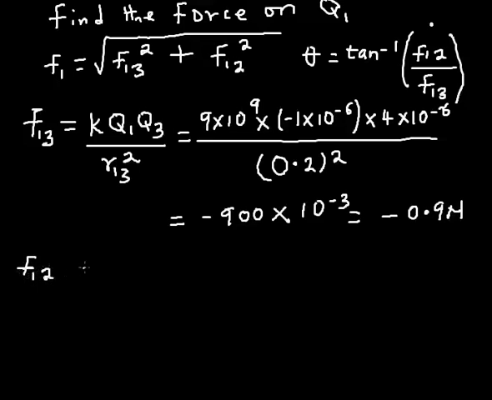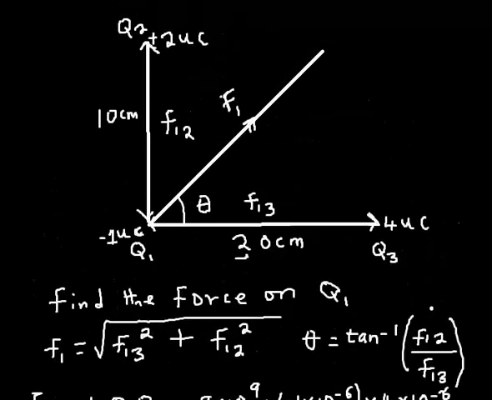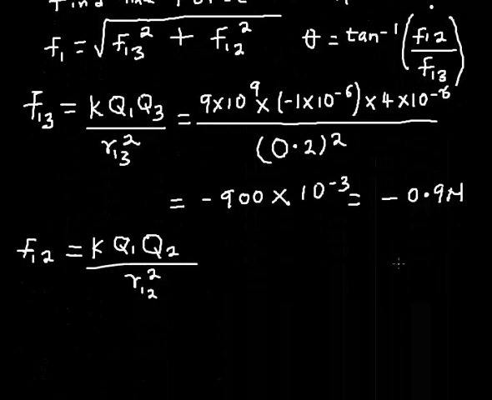F12, how do we evaluate F12? Of course, that's going to be K Q1 Q2, then divided by R12 square. The distance apart between Q2 and Q1, that's what R12 represents.